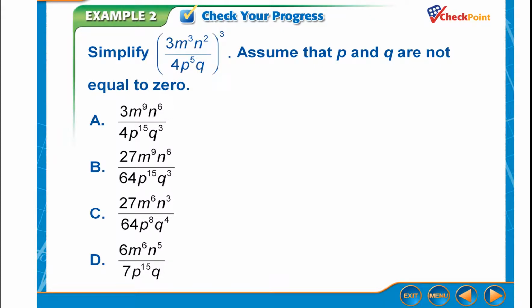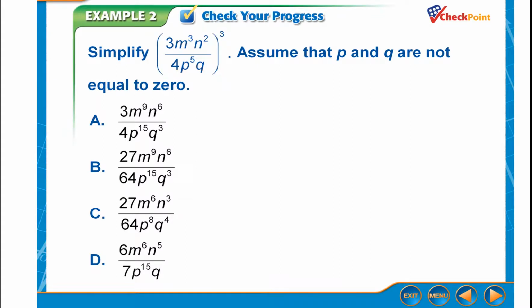Well, it's because if p or q were 0, you would be multiplying by 0, which means on the bottom you would have 0. So you'd be dividing by 0, and that's an uh-oh, don't want to do that. Okay, so since we are safely assuming they are not equal to 0, we are mathematically safe with our rules.